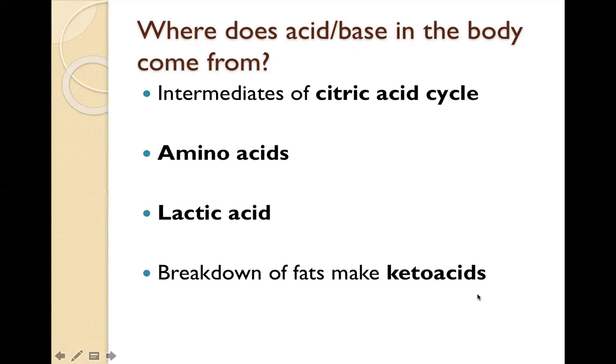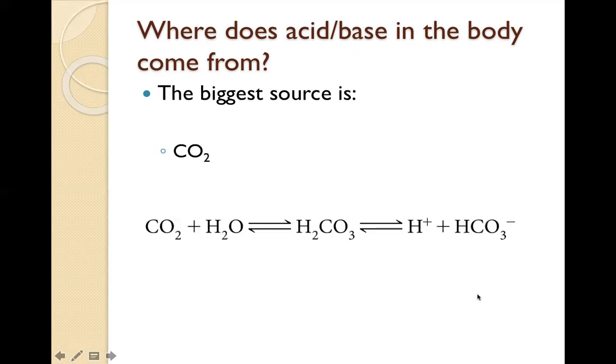By far, the majority of your acid actually comes from carbon dioxide. And it's interesting because carbon dioxide doesn't even contain a hydrogen ion, or a hydrogen atom, but it is the biggest source of acid in the body.